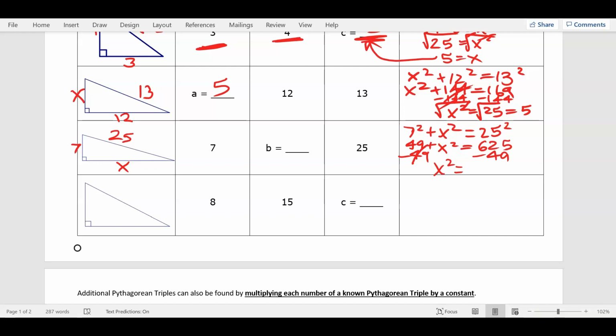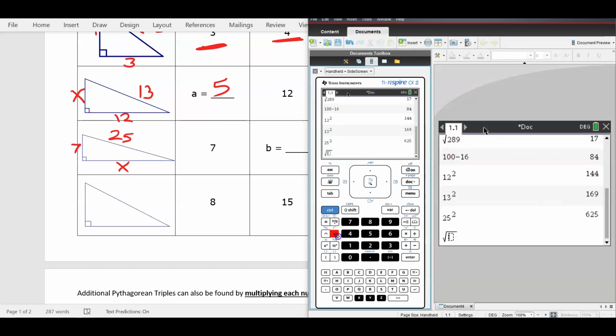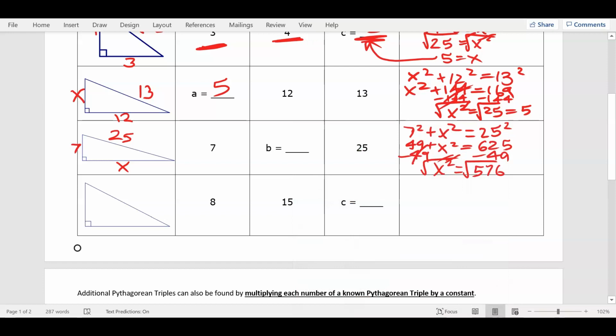And we get 576. And then to get rid of a square, we square root both sides. What is the square root of 576? We get 24.